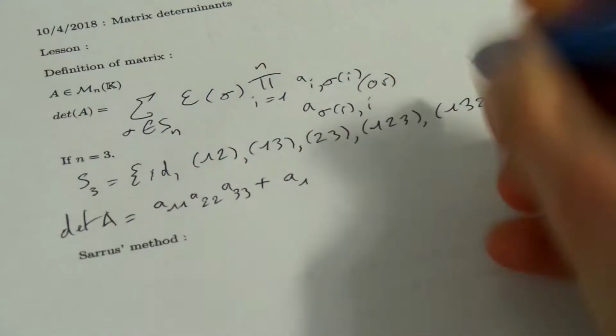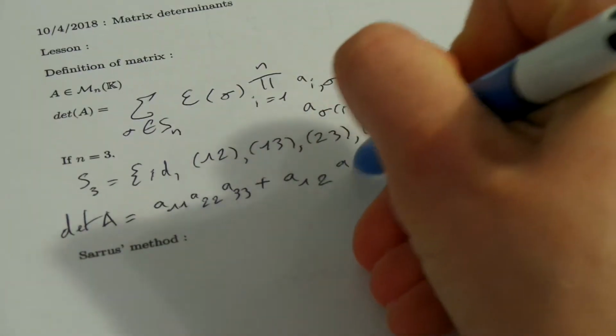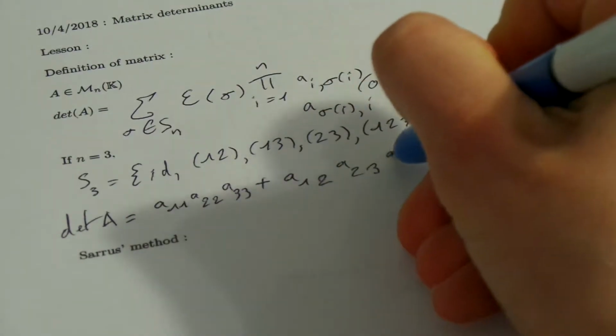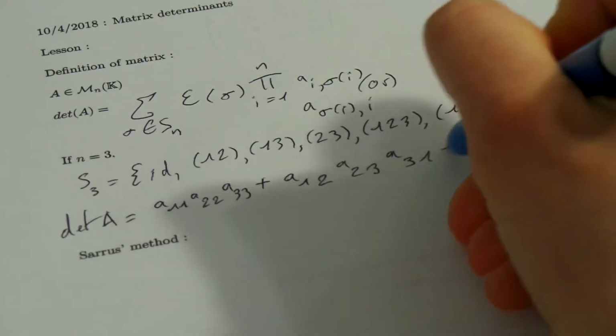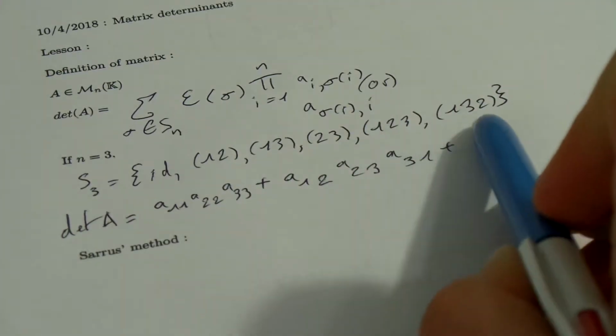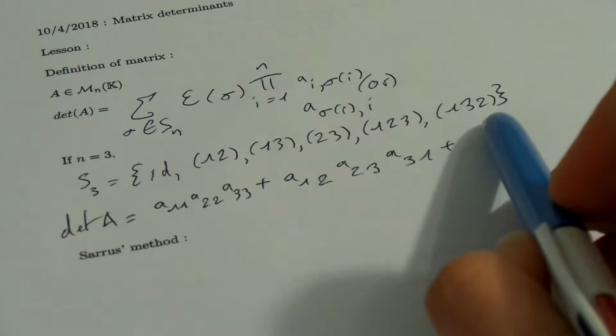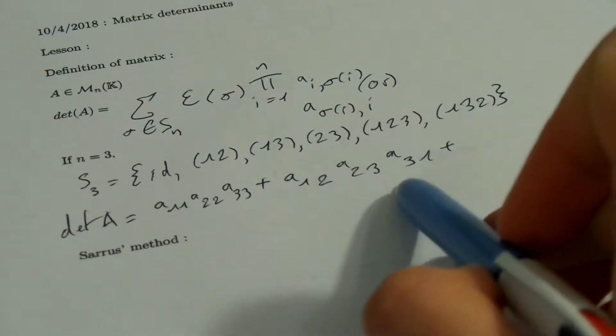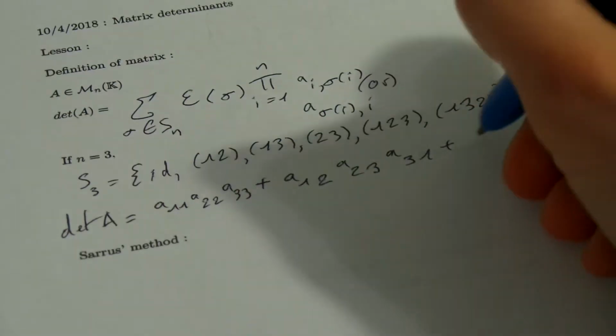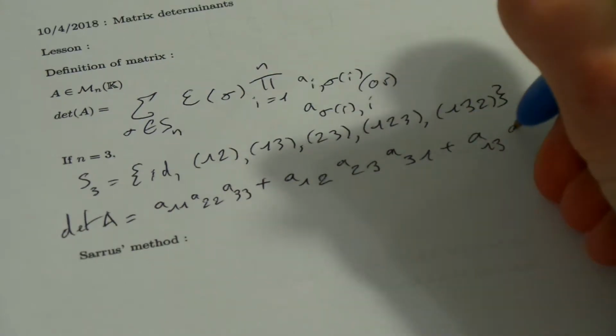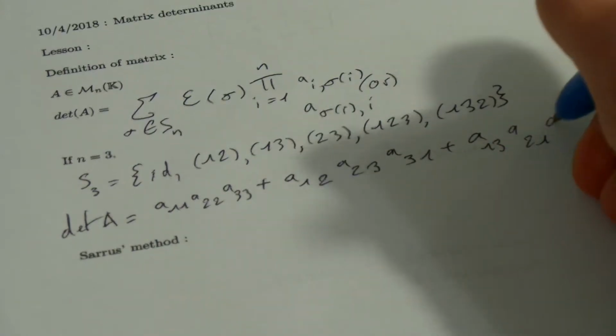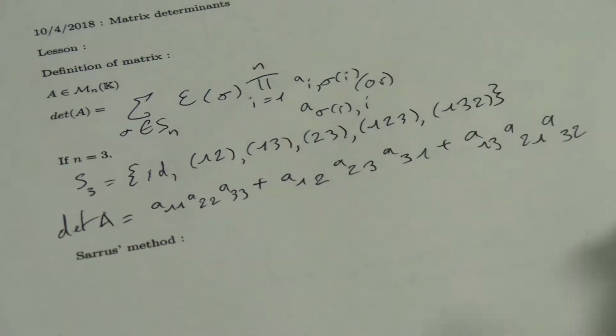So 1 goes to 2, 2 goes to 3, and 3 goes to 1. Same for this permutation, there are 2 transpositions in there, so it's positive, and the product is 1 goes to 3, 2 goes to 1, and 3 goes to 2.